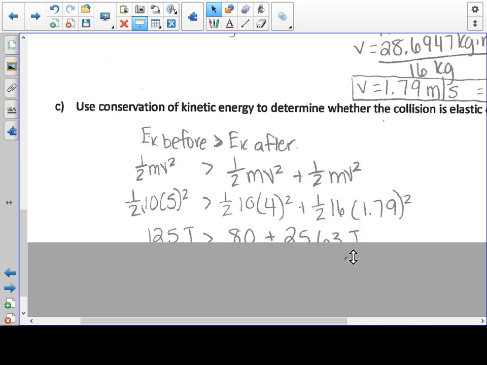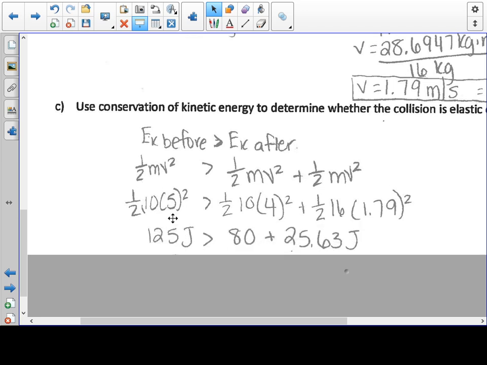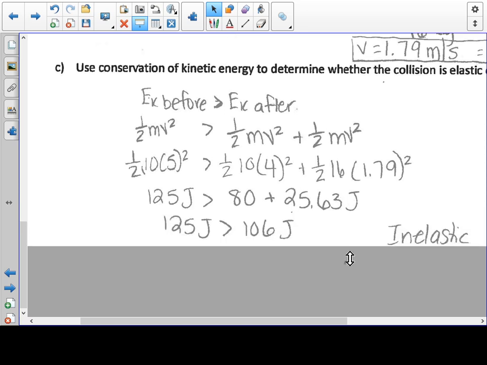You throw that all into your calculator, you'll find that initially there were 125 joules of energy. And then we have 80 plus 25.63. And just looking at that now, you can see it's not going to be equal. We had 125 joules of energy, but 125 joules is greater than the total energy after collision, 106 joules. Therefore, the collision is inelastic.